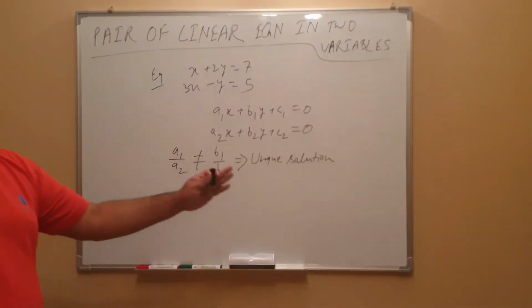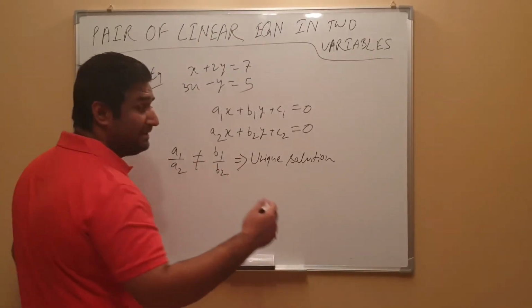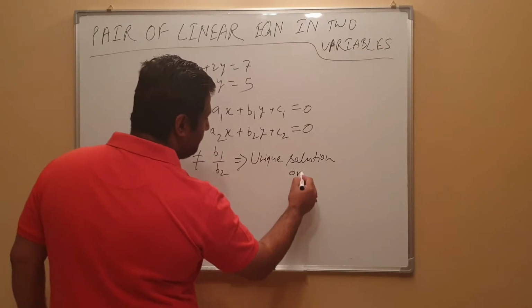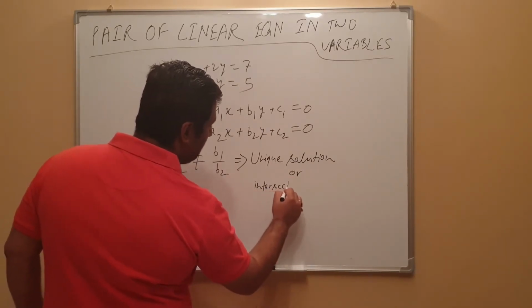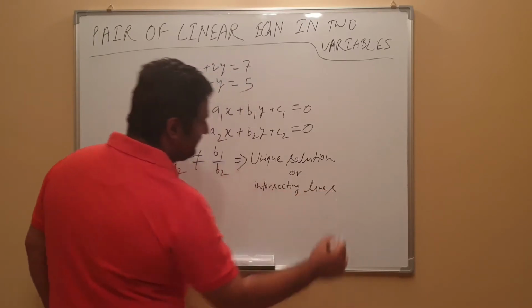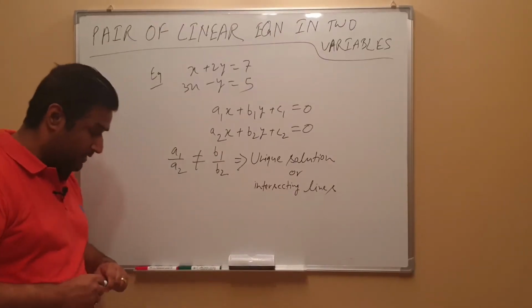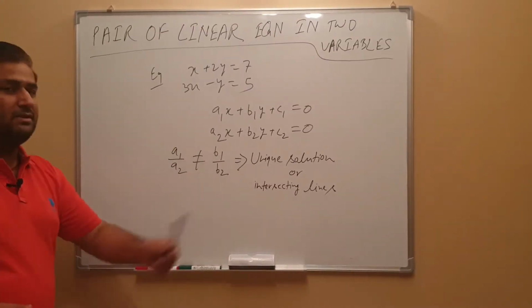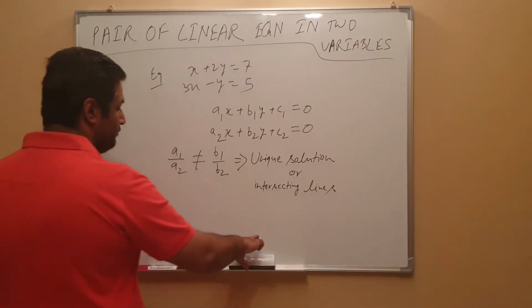And graphically you can say that these are intersecting lines, that means the lines are intersecting, okay. Or in other words, algebraically you can say you'll have a unique solution to it.